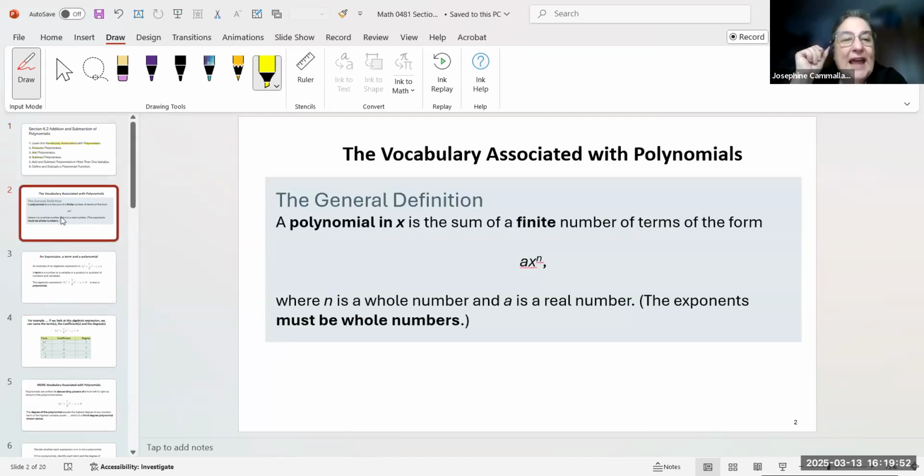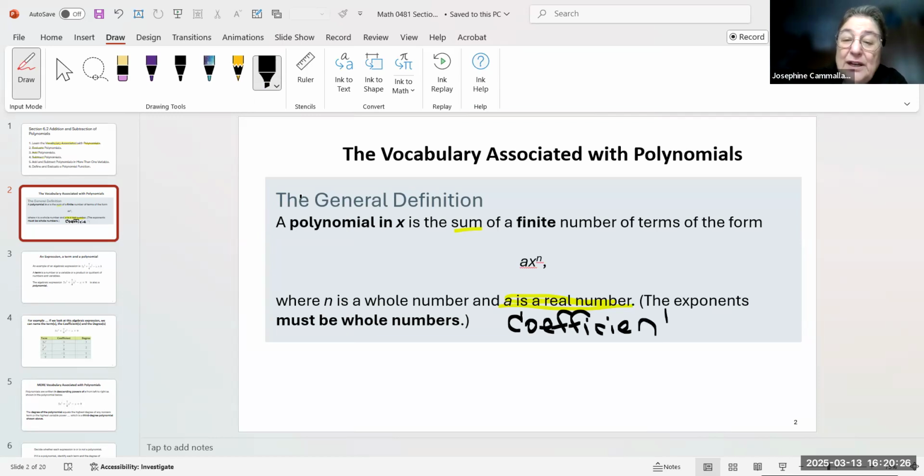Now, the general definition, a polynomial in x is the sum, or it could be the difference, of a finite number of terms of the form a x to the n power. Now, a is going to be considered a coefficient, which is a number in front of x to the power of n.